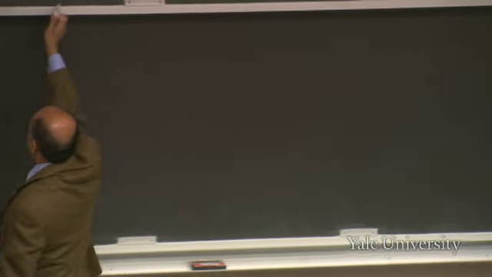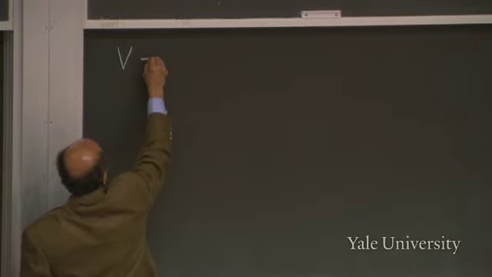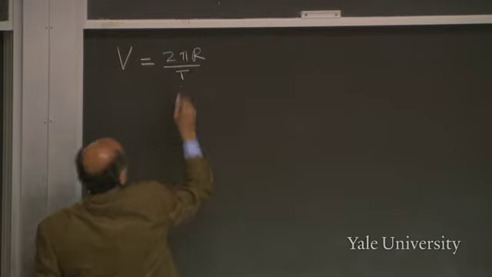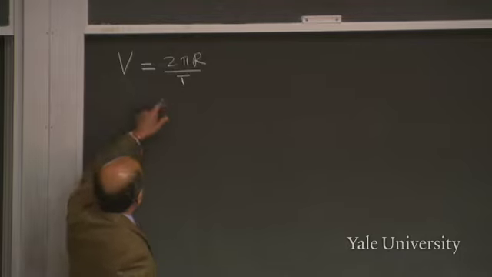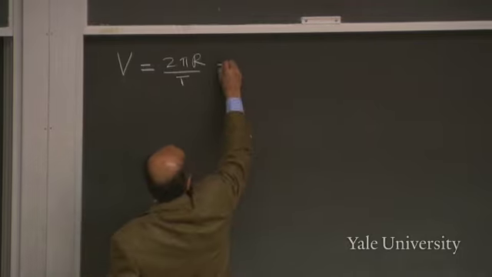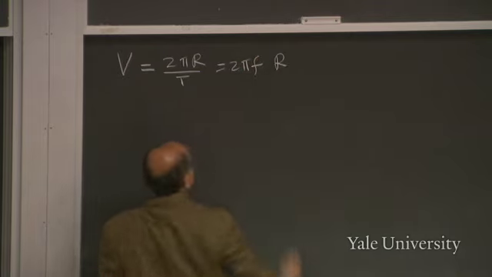When you roll without slipping, the velocity of the center of mass, which I always denote by v, is equal to 2 pi r divided by the time to make one full revolution. But what is 2 pi over t? Let me write it another way. It is 2 pi times the frequency of revolution, because 1 over time is a frequency.